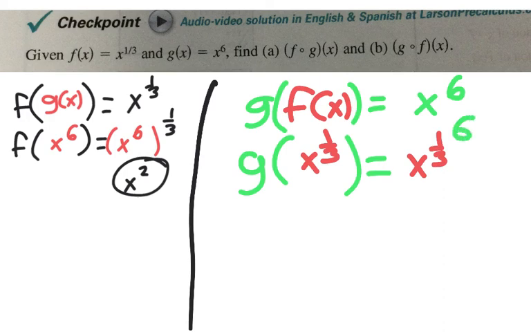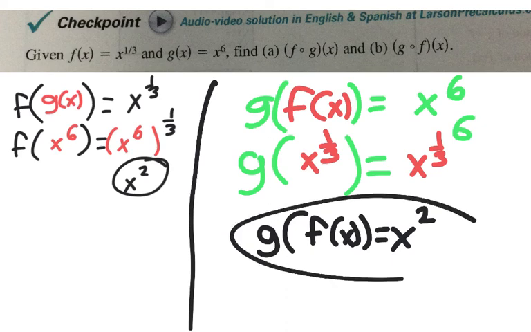I have a power raised to a power. How do I simplify? Multiply. So 1/3 times 6 is 2. So I have g of f of x is equal to x squared. This is not a special case. So it is crazy that they ended up being the same thing, but that's not the special case we like.